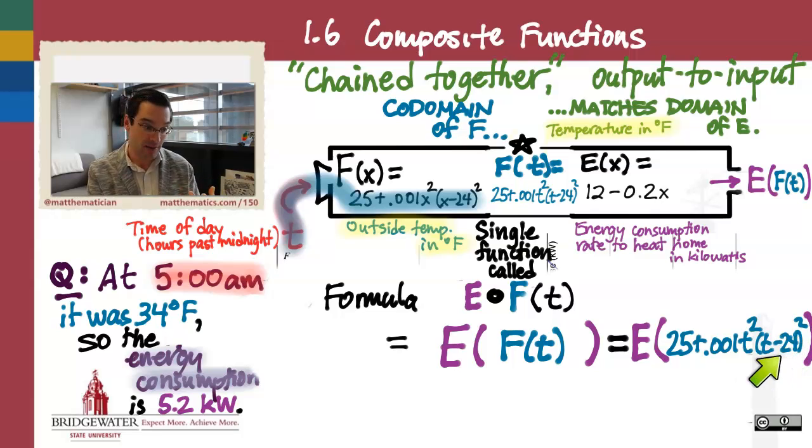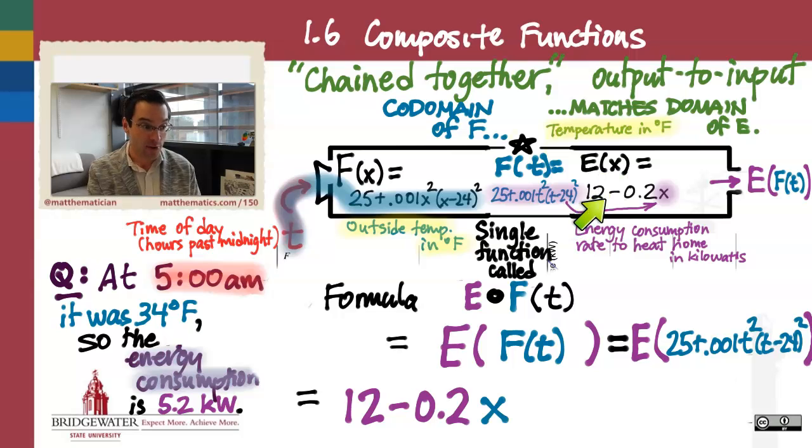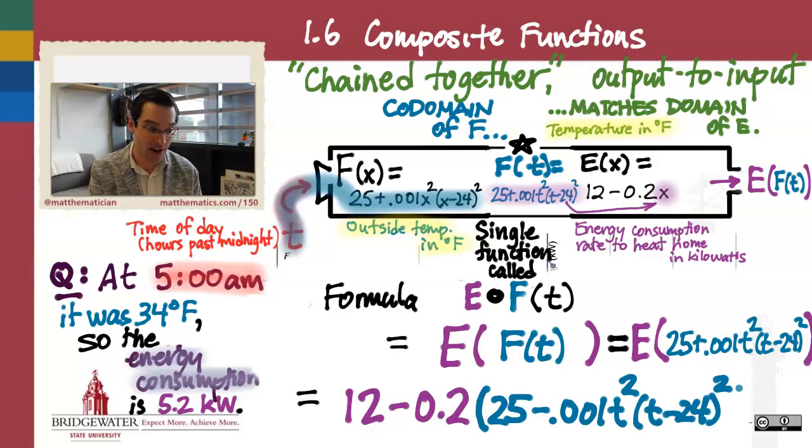How do I do that? I make that whole business stand in for the variable through which I'm defining a formula for e. So if e of x is 12 minus 0.2x, then e of this stuff is going to be 12 minus 0.2 times that stuff, that expression involving t's. And so what I get at the end of this process is a formula for e of f of t.